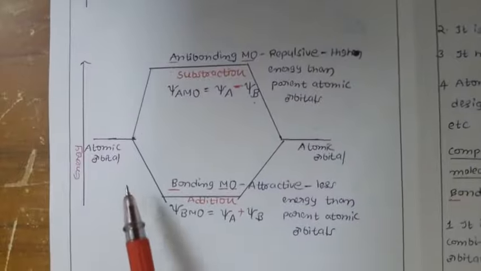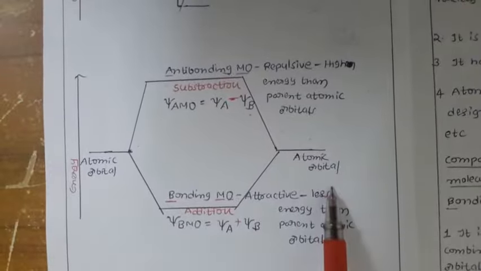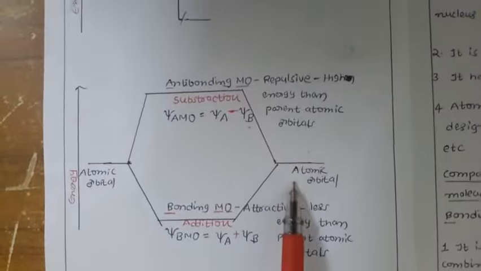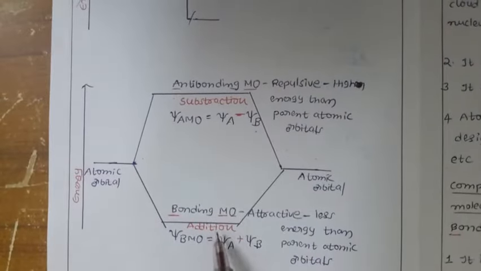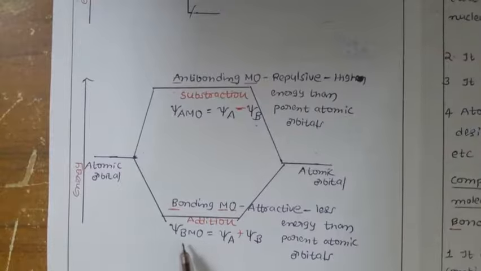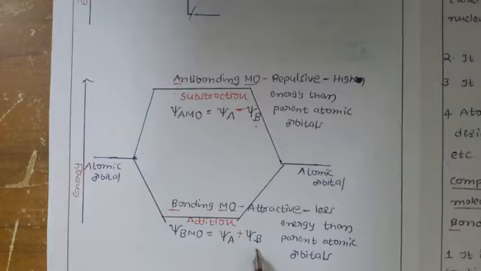Now let us see an example. Here I have the atomic orbital for atom A and atomic orbital for atom B. When the orbital wave functions are added, you get the bonding molecular orbitals, because bonding molecular orbitals are obtained by adding the orbital wave functions.